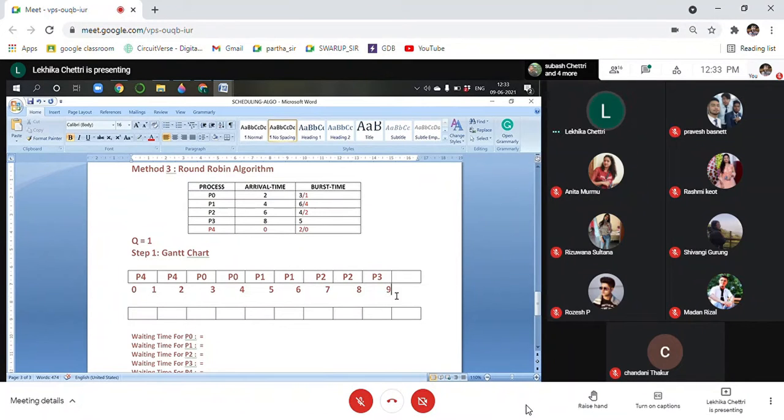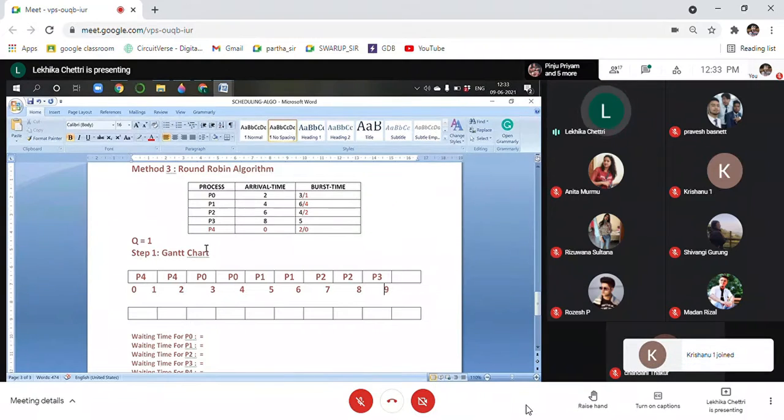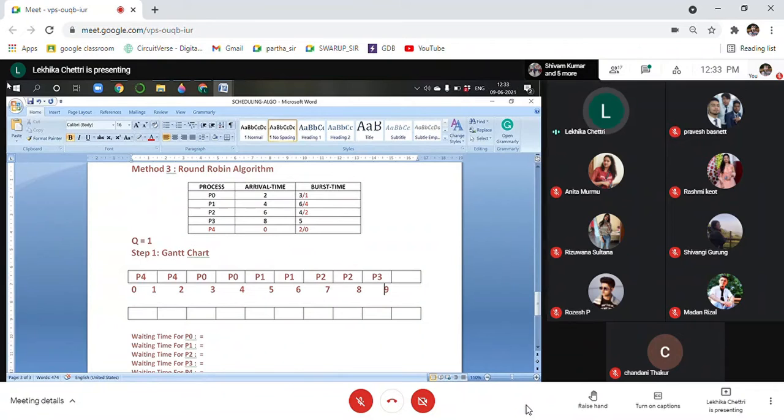After 9 you have to pay attention, because one cycle of each of the processes that was in the ready queue is done. When you implement this program, other programs need only one counter, but in this program you need two counters. One counter will count the quantum unit time, 1, 2.